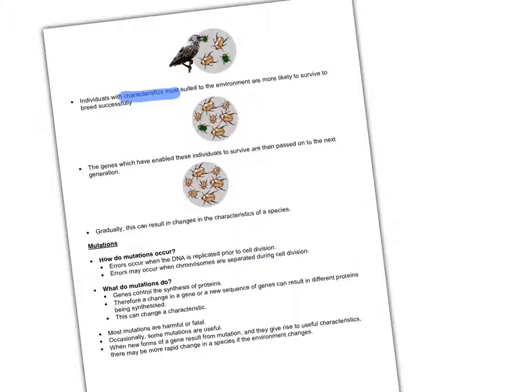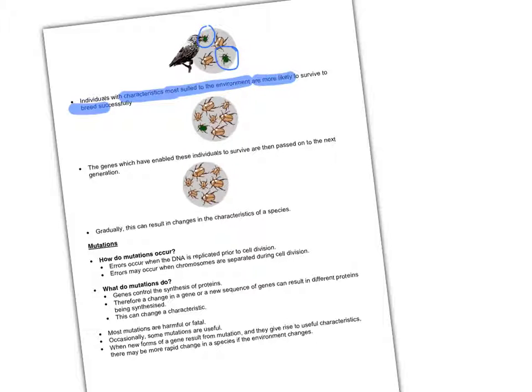Individuals with characteristics that are best suited to the environment are more likely to survive and therefore are more likely to breed. In the example we can see here, predators such as a bird are easily able to spot the green beetles and eat these. Therefore, the brown beetle has a characteristic better suited to the environment, it is camouflaged, therefore it is more likely to survive and breed.